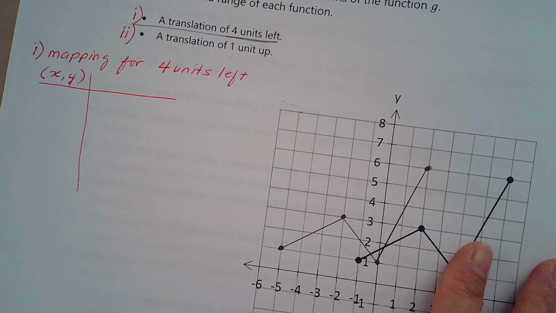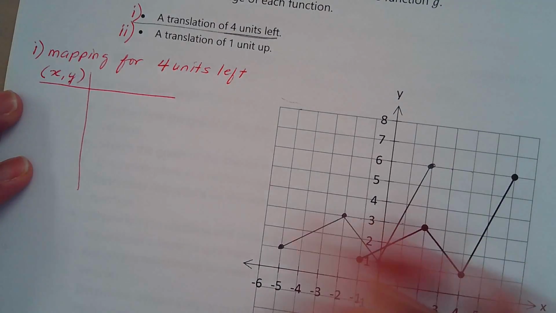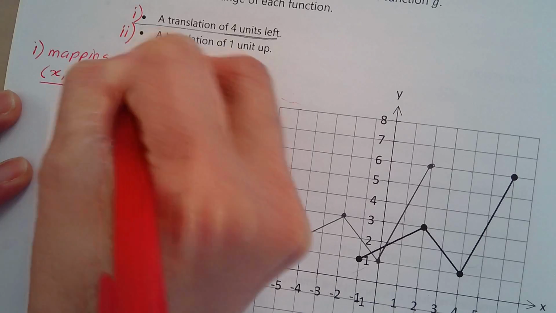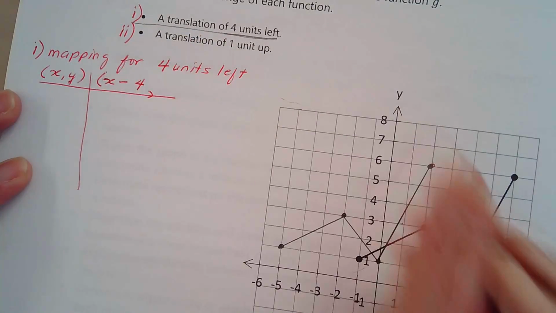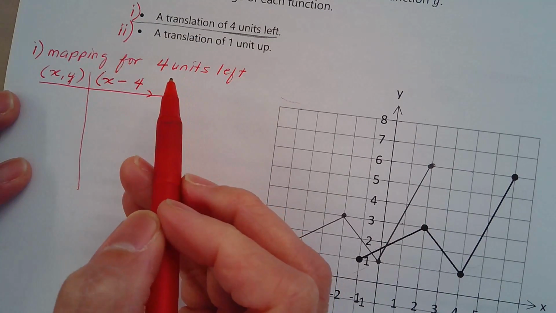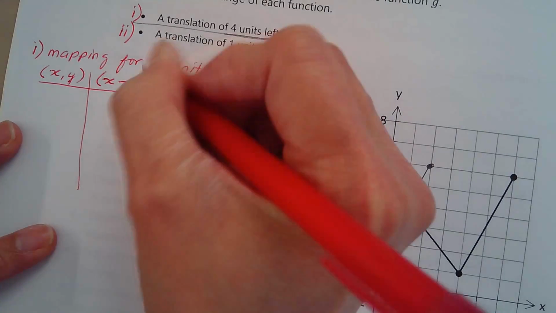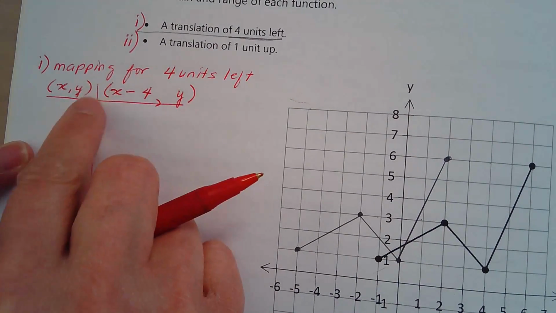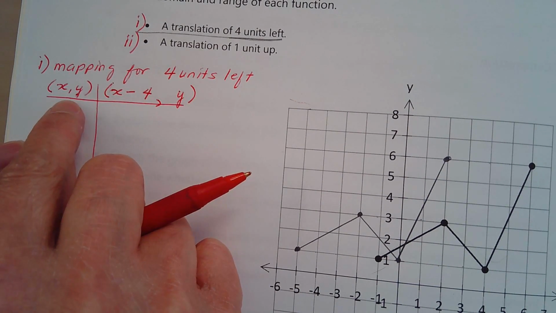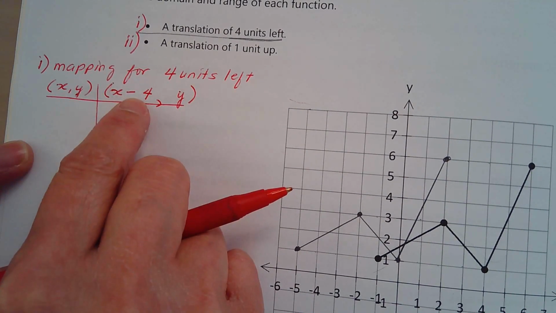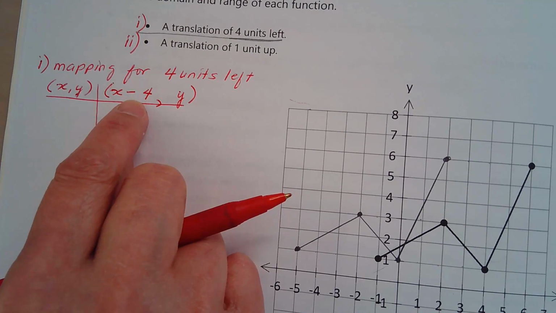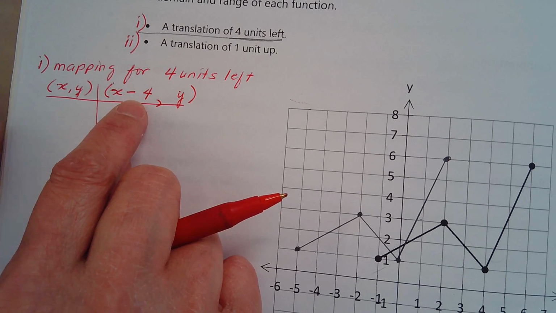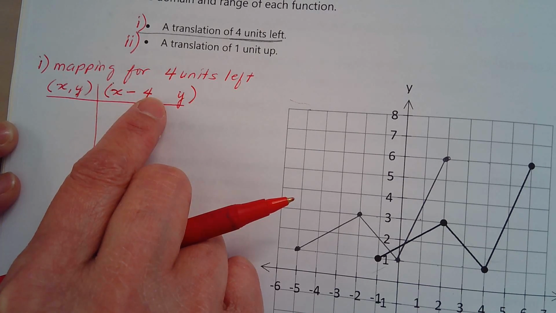When we go 4 units to the left, our mapping would be x minus 4. There's no movement on the y, so the y stays the same. Is that okay? So whatever xy before, this is the mapping that we're going to do. We're moving every point to the left, so it's going to be x minus 4.